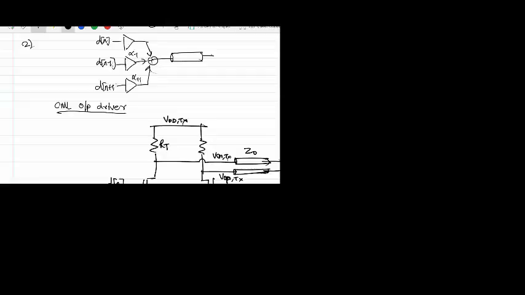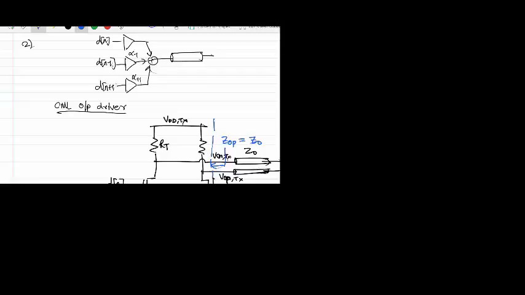So now, a few things which you need to see: in this output driver, the output impedance of the driver, if I look here, should be equal to Z naught, right? This is required because you want to terminate the channel with the channel characteristic impedance.